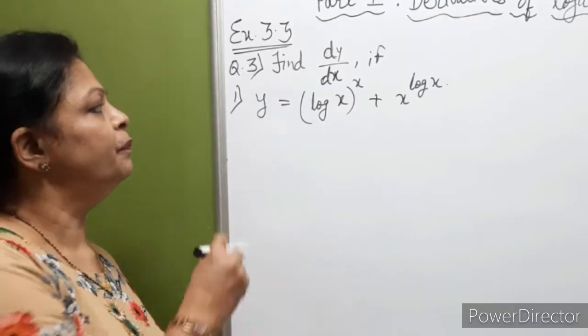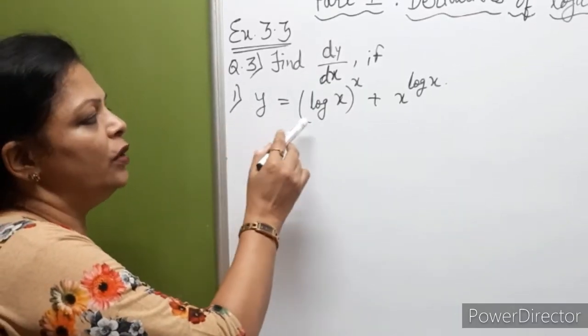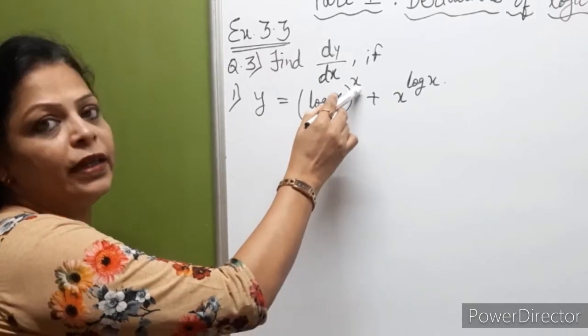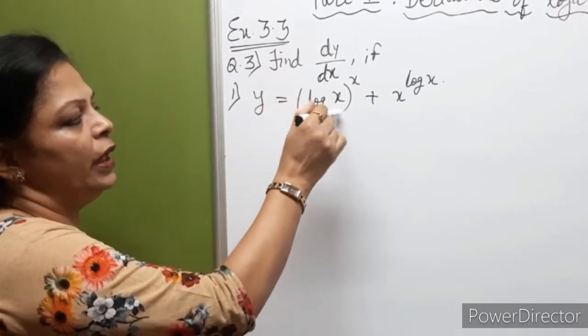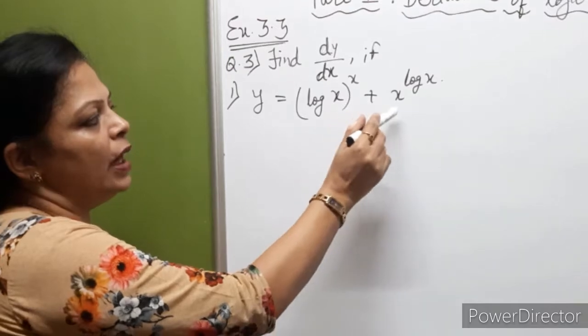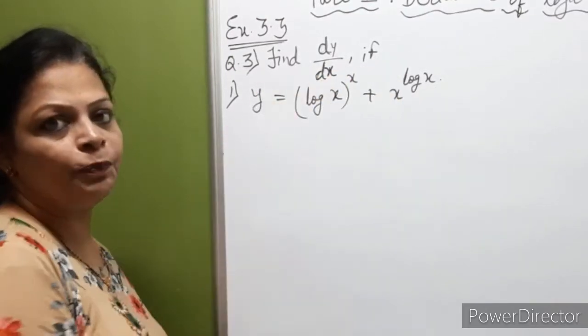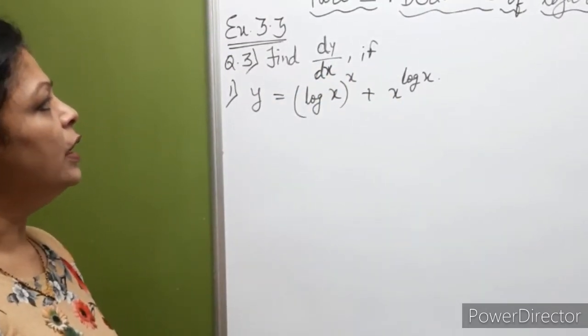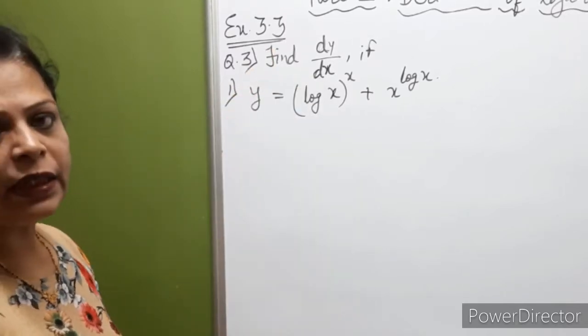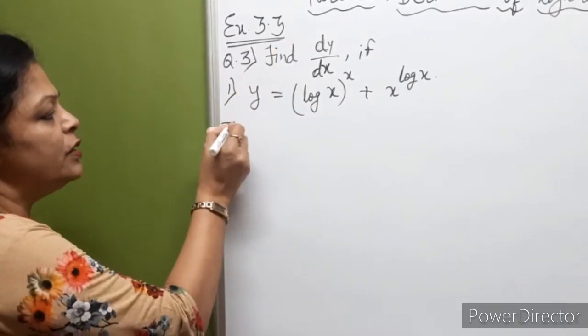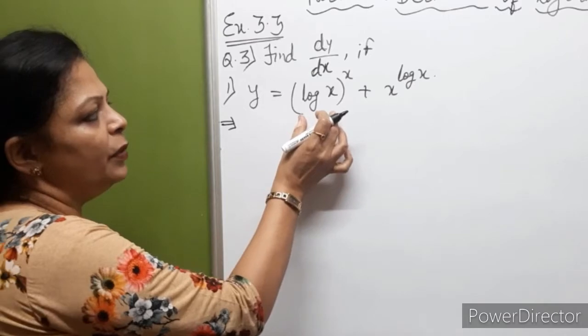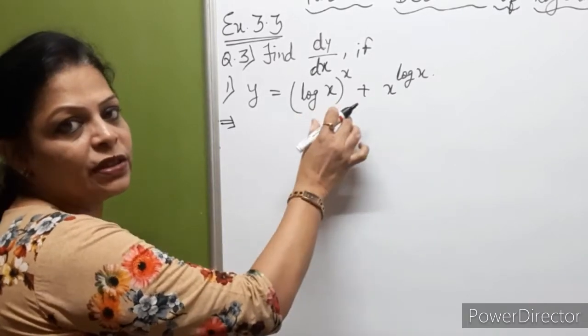See the first sum. y is equal to (log x)^x plus x^(log x). Now over here we have to find dy by dx. What we will do is we'll assign some variables u and v to these functions.